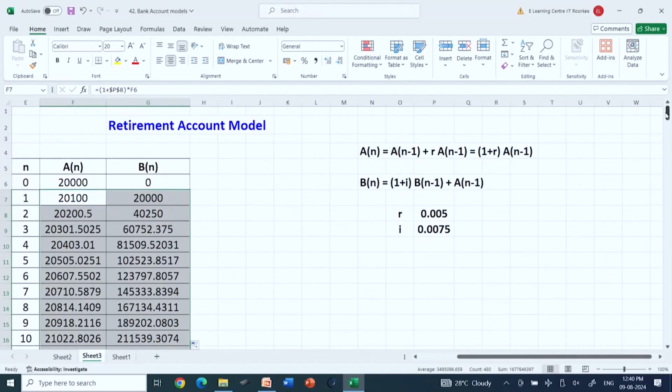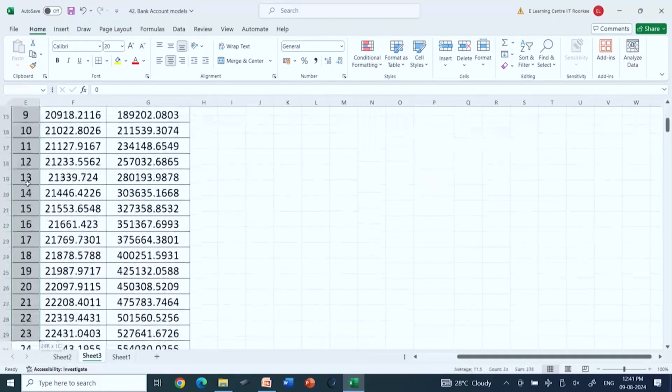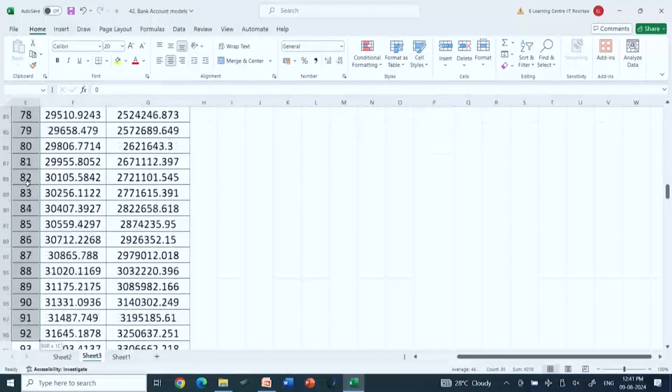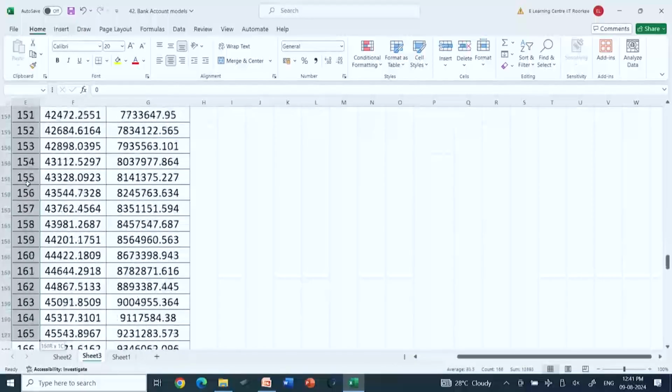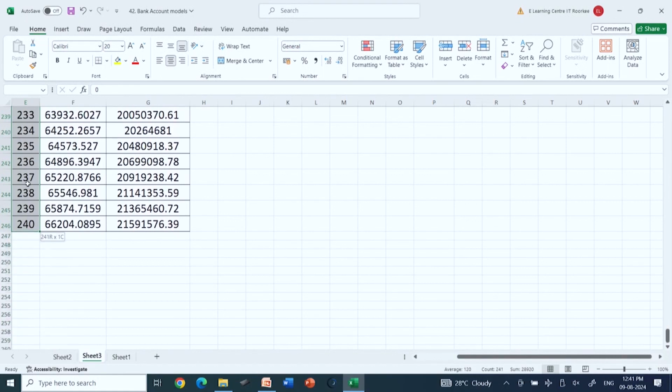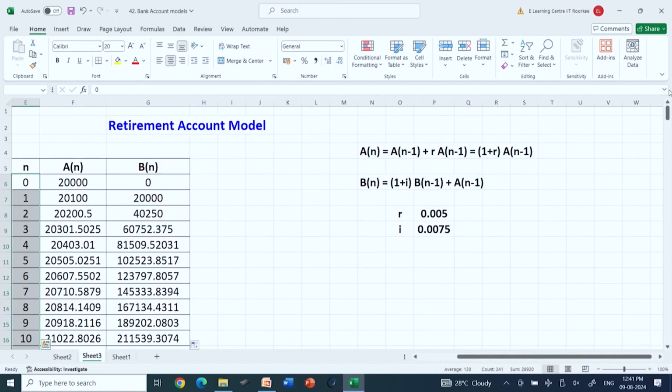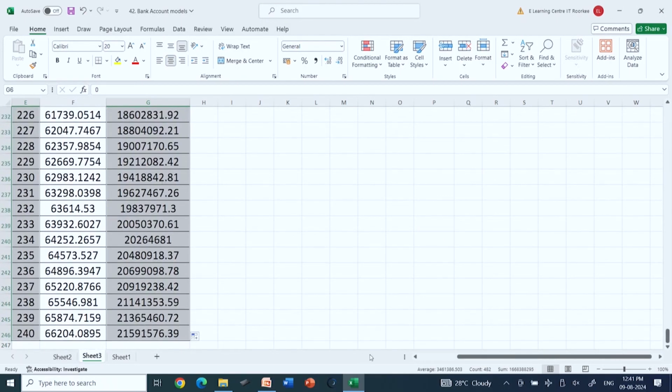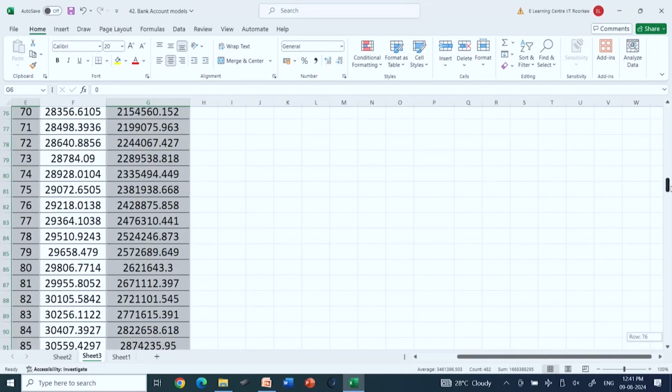So, if we want to plot this, I want to see what the balance is. Basically, I want to see this Bn. So, I will highlight this first, up to 240 values. And then I will take the third column. So, I press Control, click this, then press Shift and the down cursor, so it will choose all the 240 values.